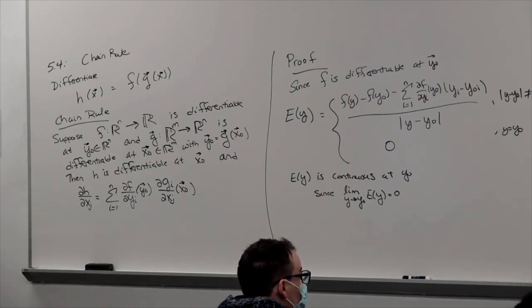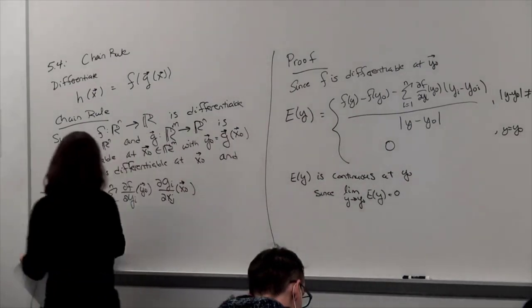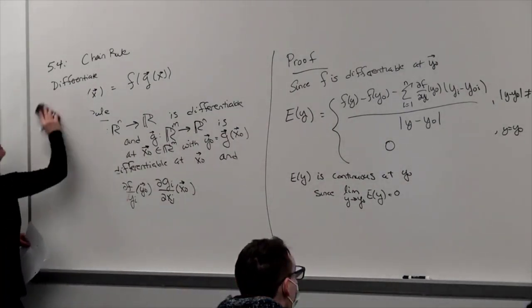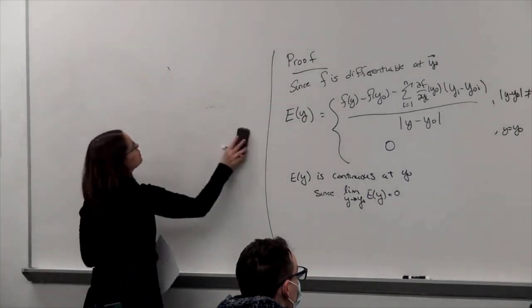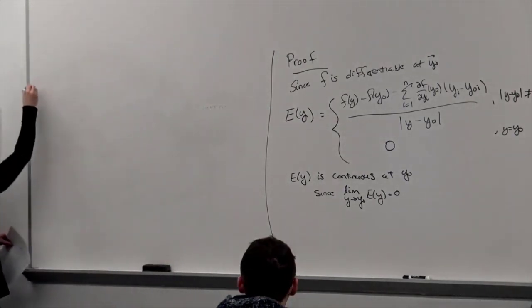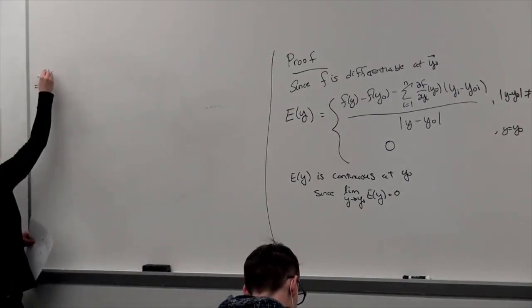This term only depends on i. So I could pick up this sigma here, this j equals 1 to m sum, and carry it over into here, and I wouldn't have left anything important out, because these terms only depend on i, so I can pull them outside of the j sum.